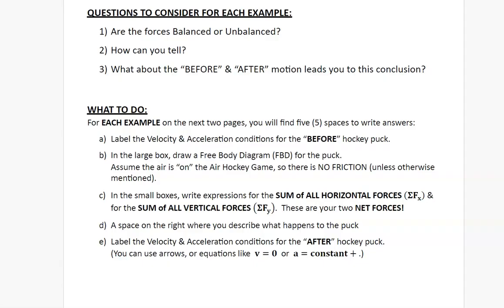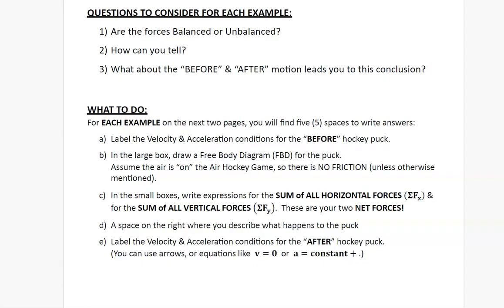All right. In the large box, you're going to draw a free body diagram for the puck, and we're going to go over how to do that. We're going to assume the air is on, so there's no friction unless it's otherwise mentioned. In C, there are 2 small boxes in the upper right section of each question, and in those boxes, you're going to write mathematical expressions for the sum of all horizontal forces.